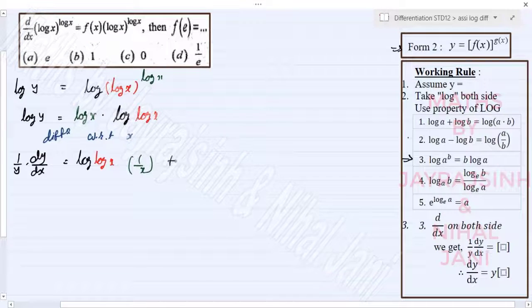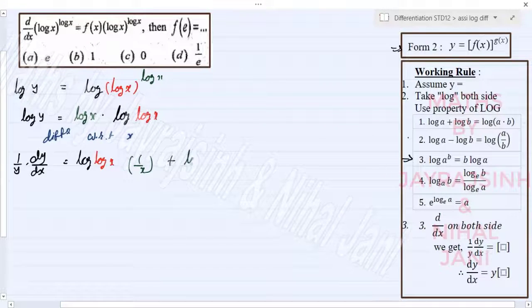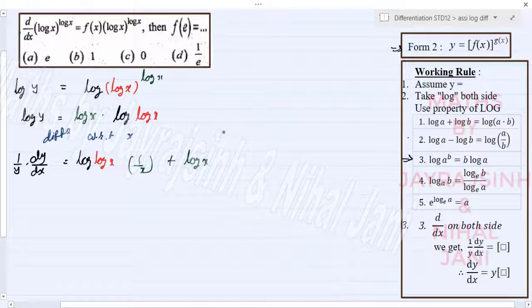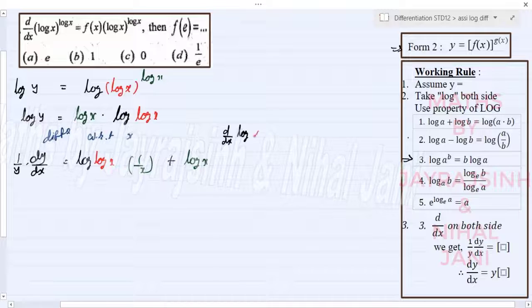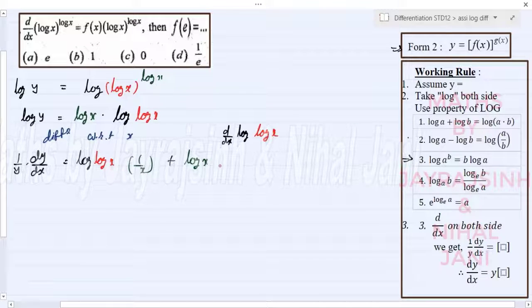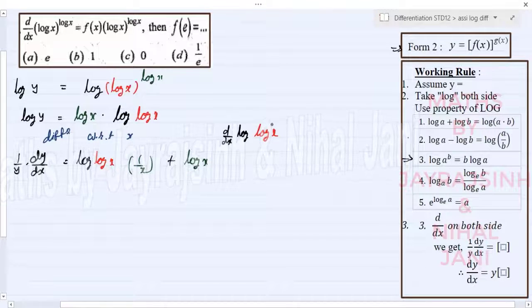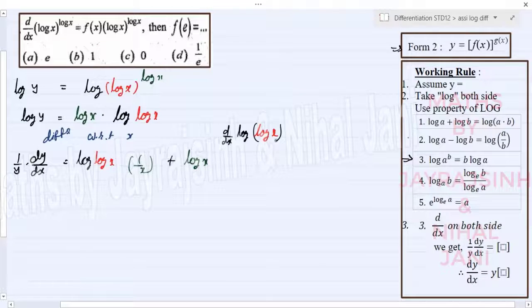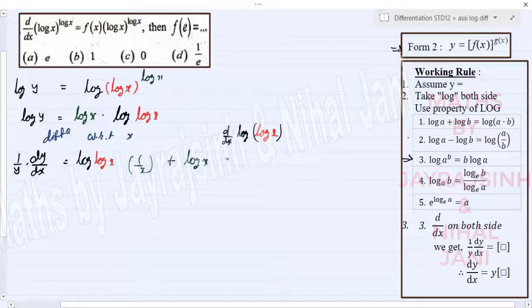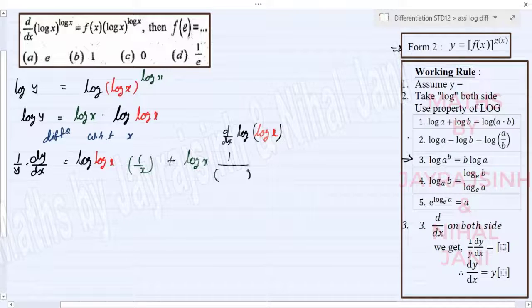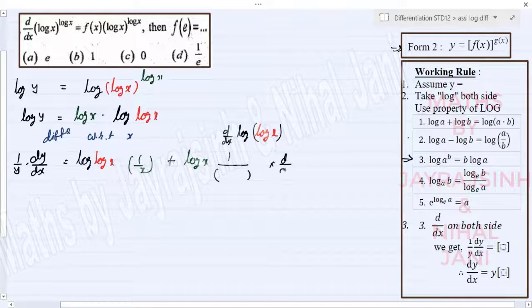plus in the second term log x will be as it is, and we have to differentiate log of log x, and for that we have to consider a box around the inner log x. So here we have to differentiate log box, which is 1 upon box into d by dx of box.